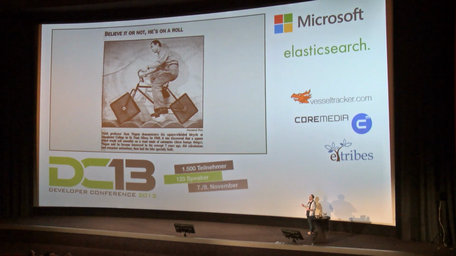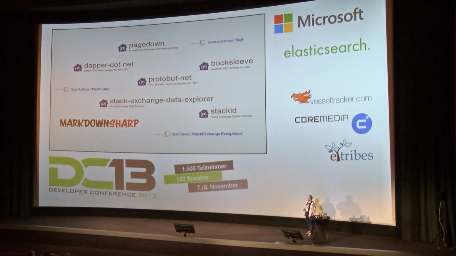So sometimes you need to build your own square wheels. And we build a lot of square wheels. Yeah, these are a few of them. These are all open source projects. And we built them as part of Stack Overflow. We package them and release them as open source, as a practice. We do that constantly.